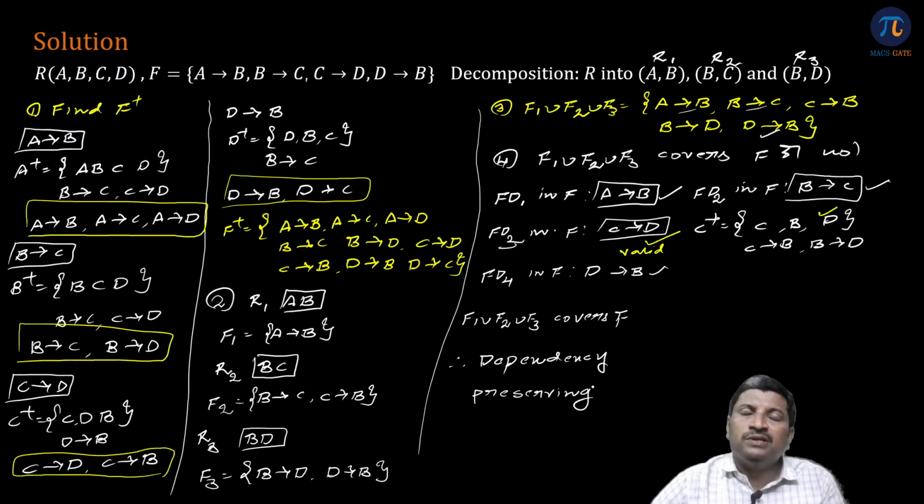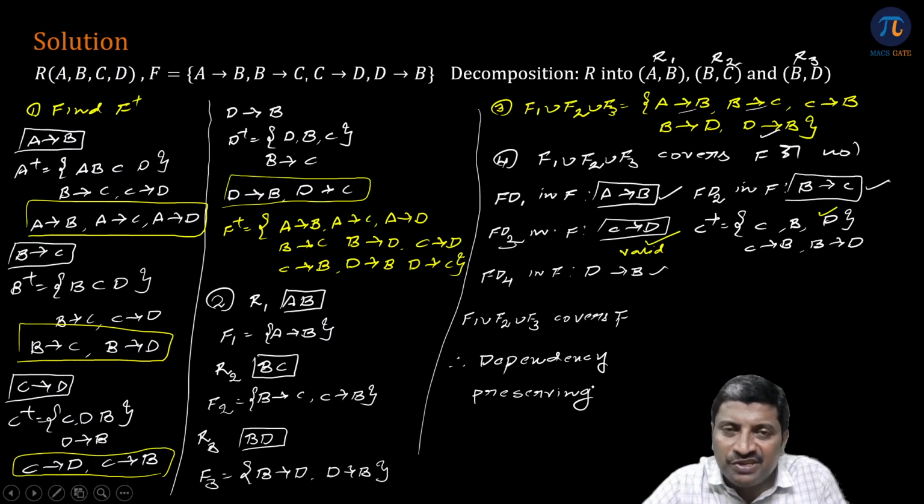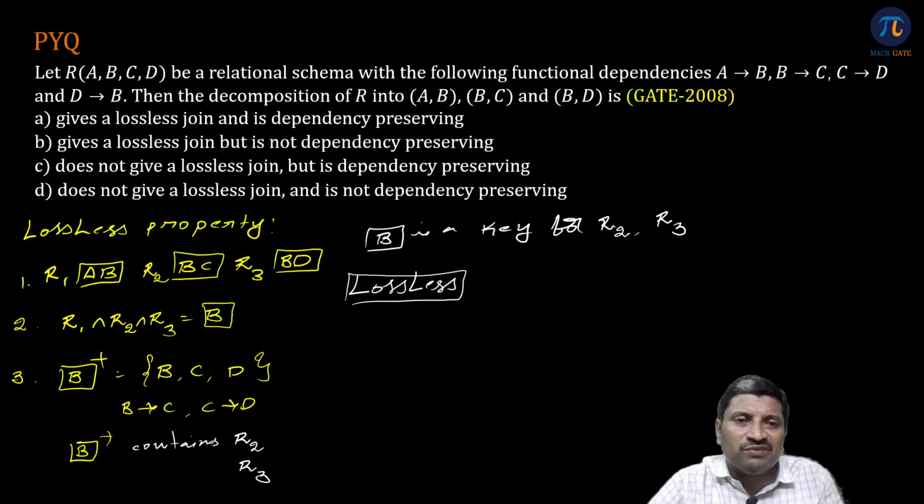So this decomposition satisfies both properties, lossless as well as dependency preserving. So what is the answer for this question? It gives a lossless join and it is dependency preserving.